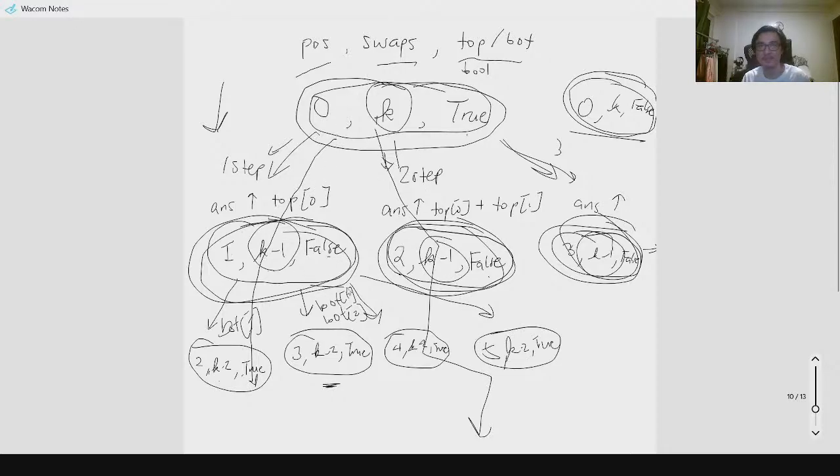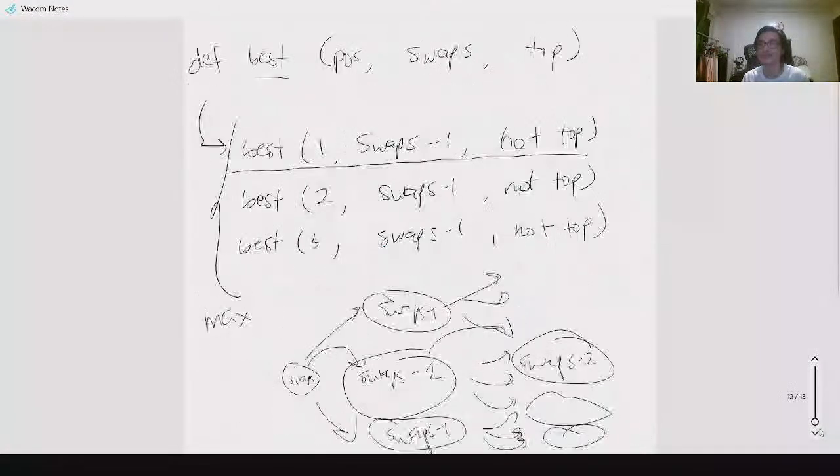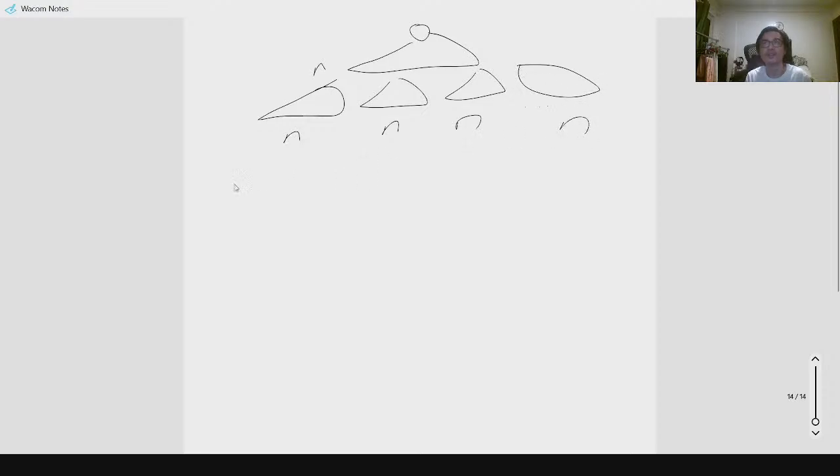You have roughly n branches. So this is going to be slow as hell. Why? N branches, and then n, n, n, n, and then n, n, n, and this is going to explode.